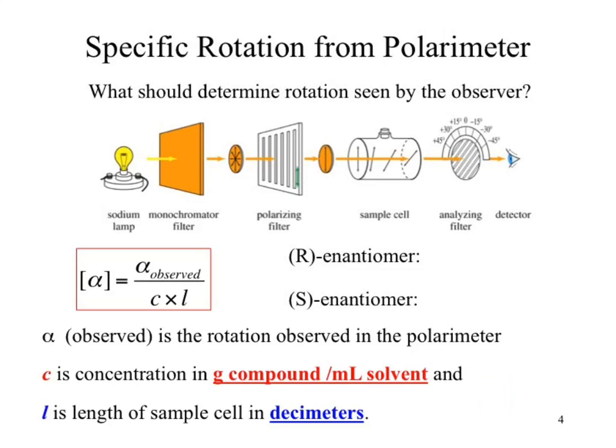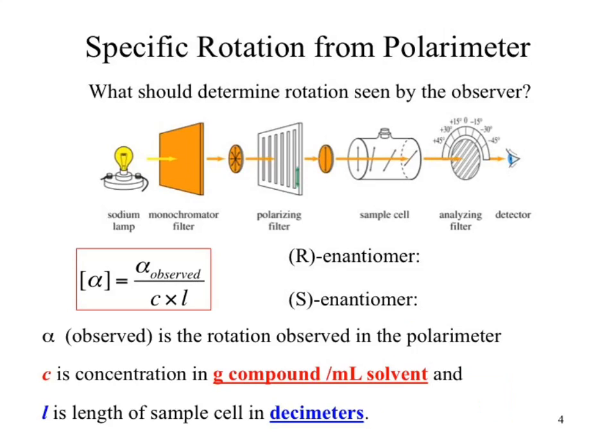The path length is reported in decimeters, okay? And it is typically 1 decimeter. Why is that nice? Whatever your number is, you divide it by the path length, what is it? Same number. Okay? So that's at least kind of standardized out kind of nicely. So if we change the path length, we'll change our observed rotation.